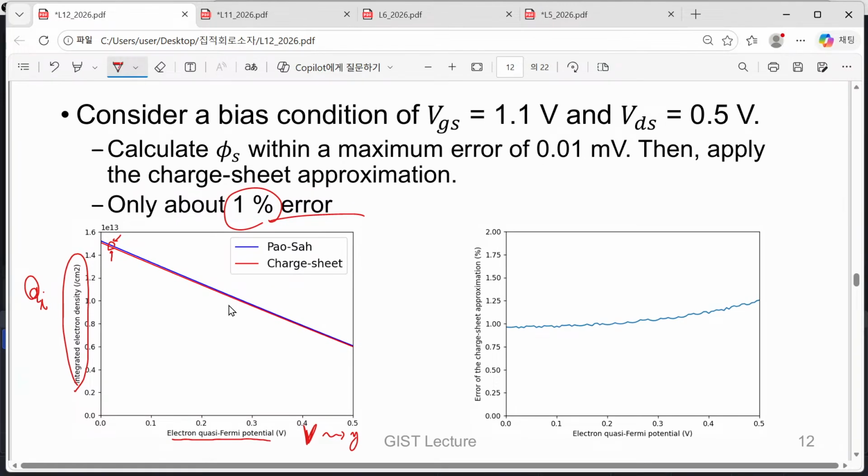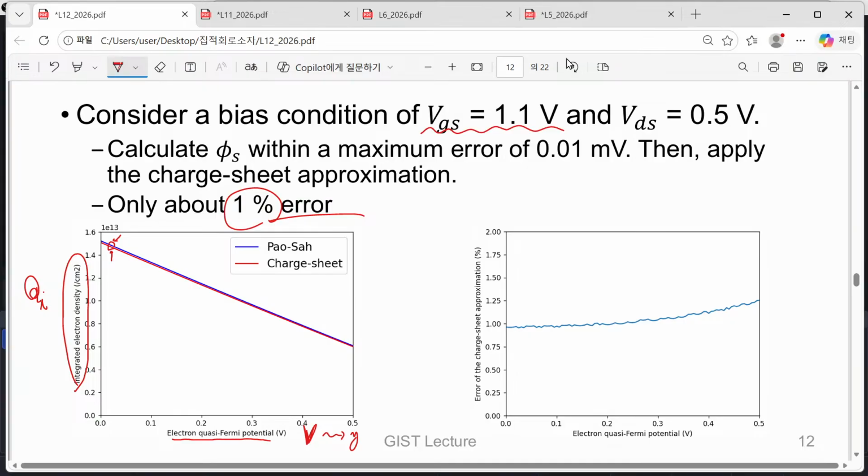Of course, I'm not saying that this charge sheet model is really good enough and we can use it everywhere without any further quality degradation. It really depends on our bias condition.